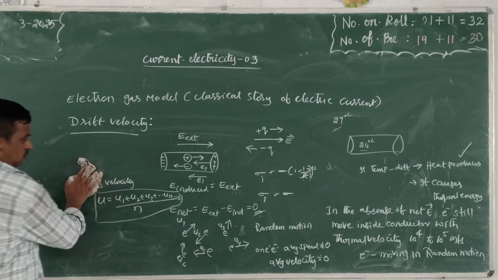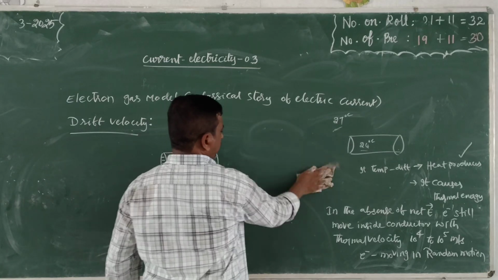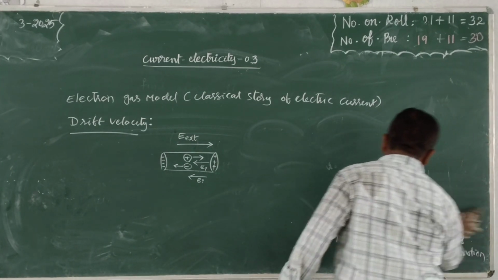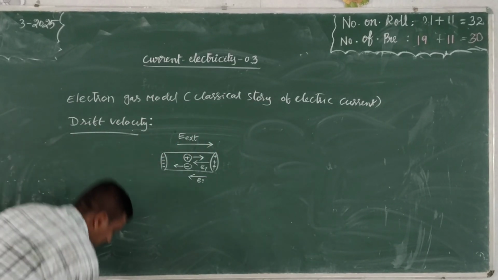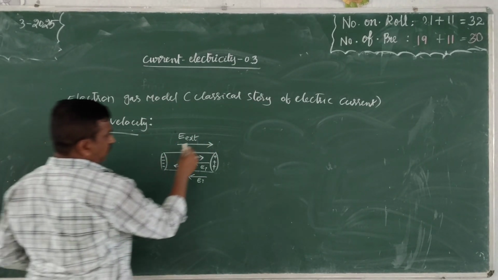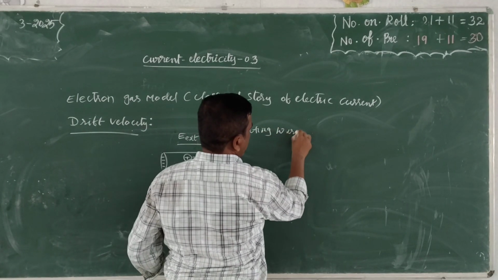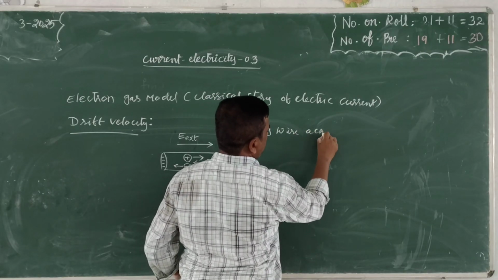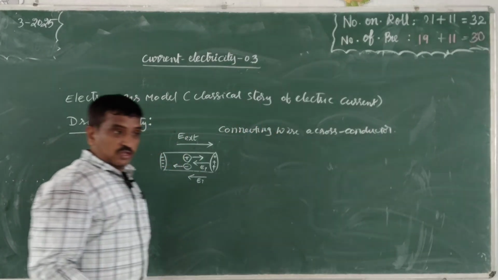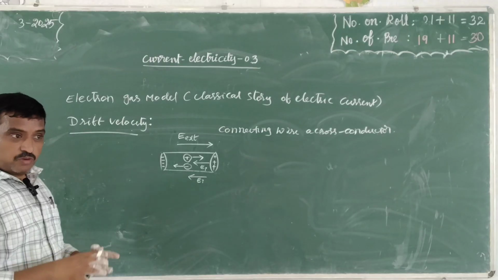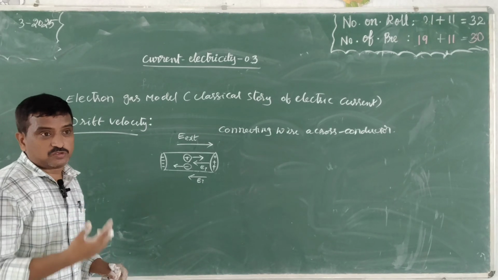Yes? Now this is the conductor. Now what can we do? We connect a wire across the conductor. Actually, the net electric field is 0, but in the absence of a net electric field, electrons are still moving inside the conductor because of thermal energy.